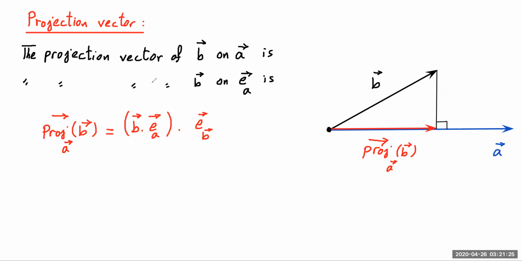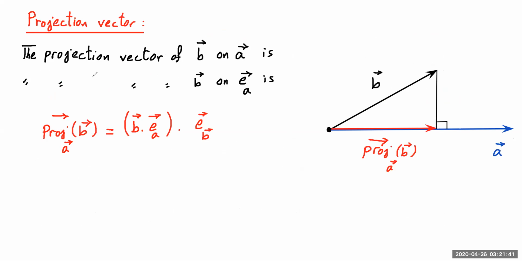Projection vector. Now the projection vector of the vector B on the vector A. Here, vector B is given in black and vector A in blue. So the projection vector is the red vector.